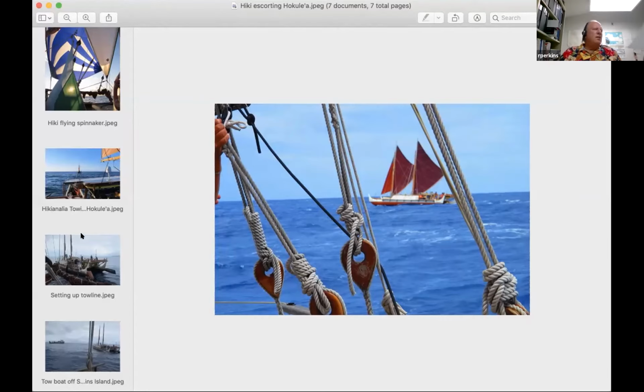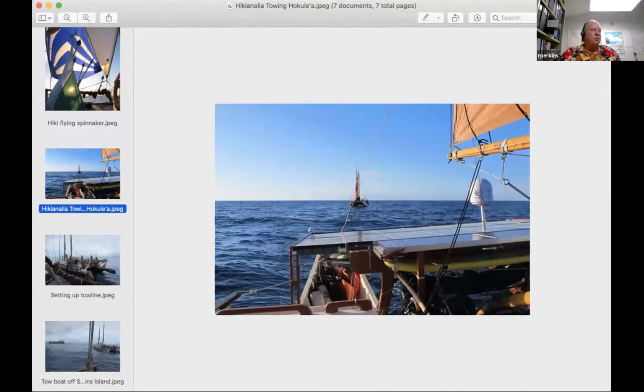Let's see how different the sail plan is between the two va'a. When we are escorting, Hokulea will tell us the sail plan, and that is part and parcel of being escort.